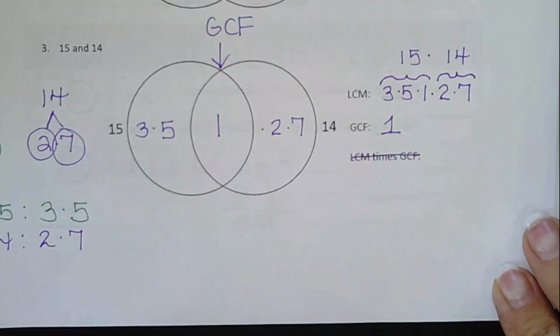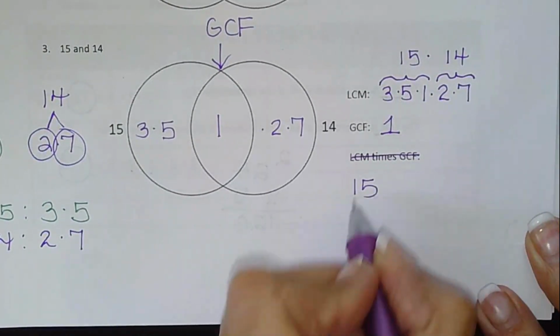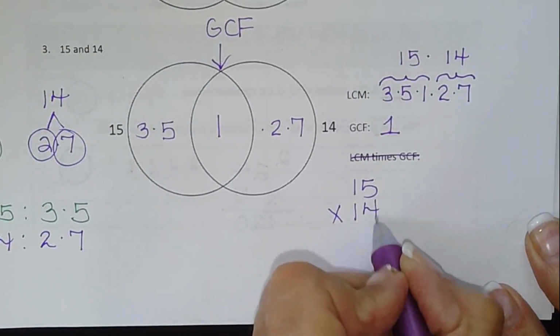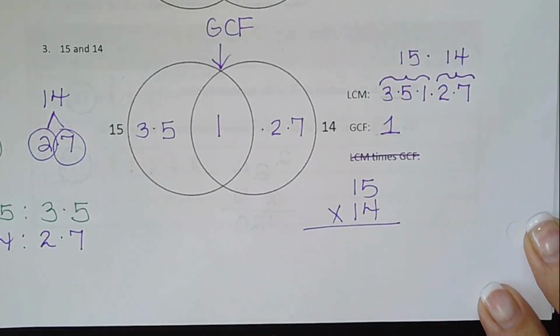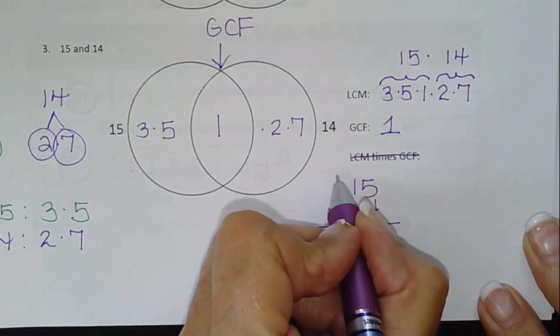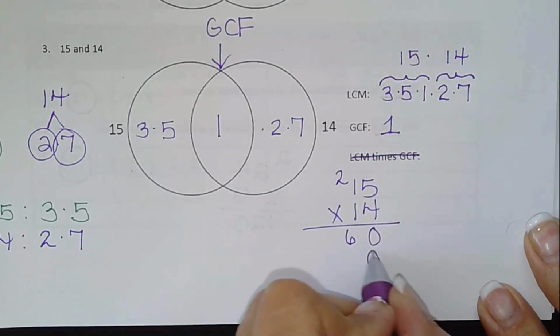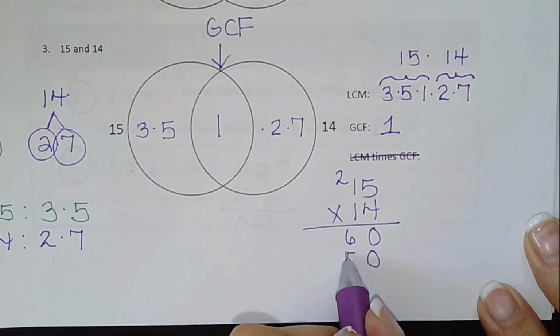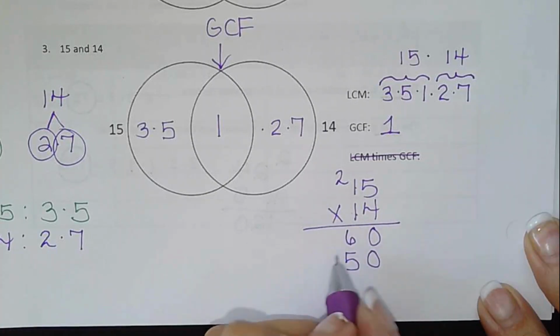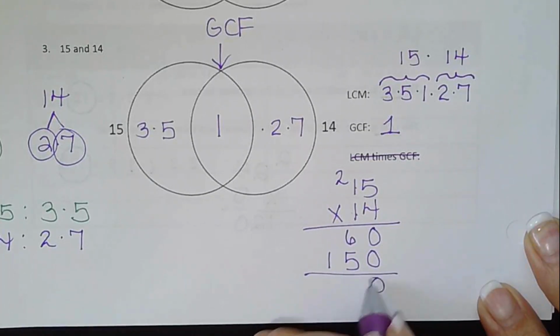So let's do 15 times 14 down here and see if we do indeed get 210. So 20, carry our 2, 4, 5, 6. Bring our 0 down. 1 times 5 is 5. 1 times 1 is 1. 0, 11. Ding, ding, ding, ding, ding.